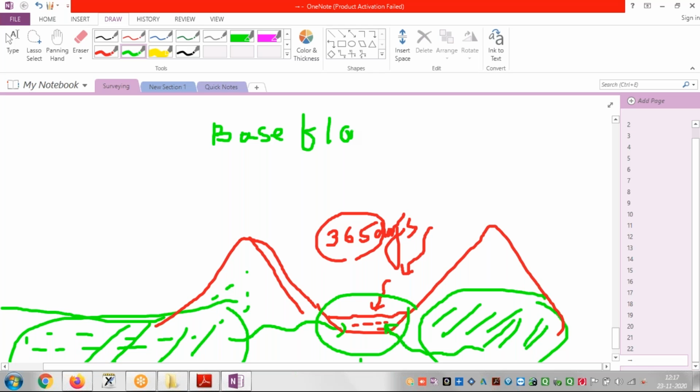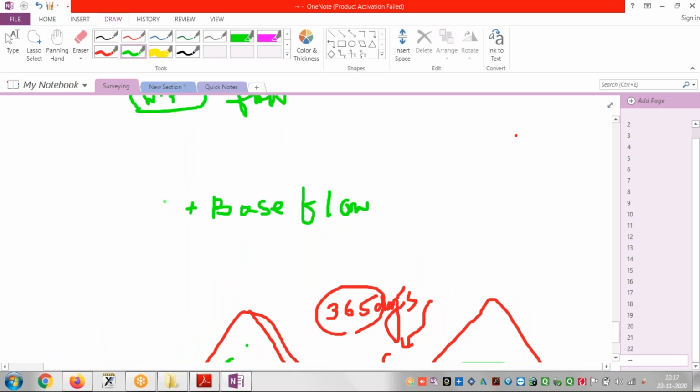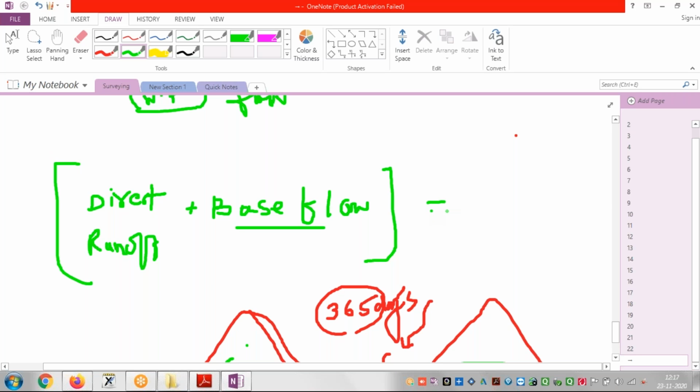Now base flow is clear, and we know that if I add the base flow, which is the water inside, and the water which is above the surface, which is the direct runoff, then I will get my total runoff. Direct runoff is above the surface, and below the surface is base flow. If I add these two terms, I will get my total runoff.